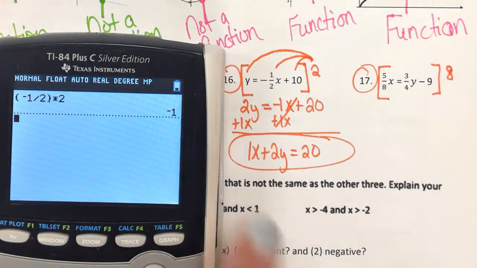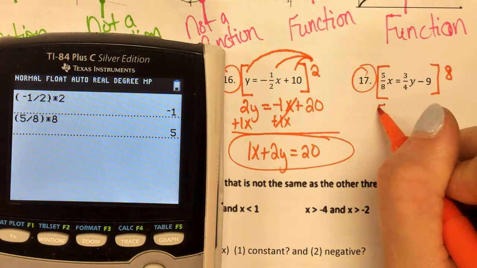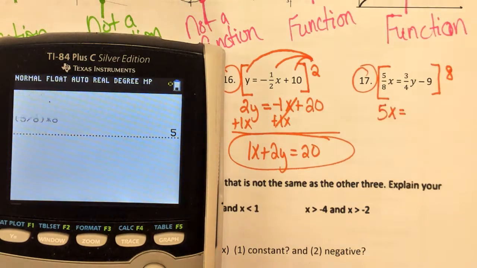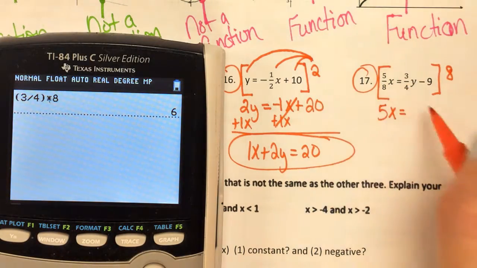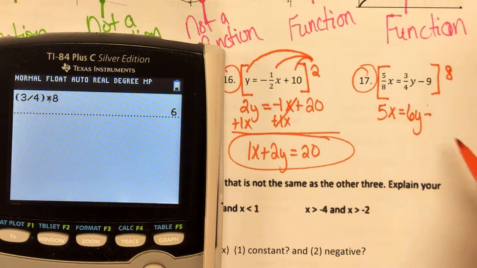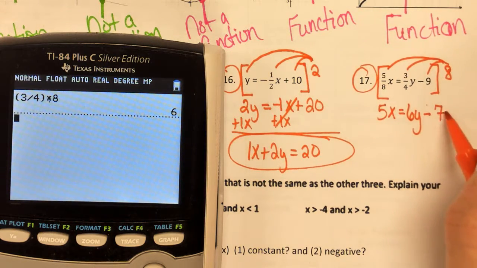All right, if you don't know how to do it, here we go. Parentheses, 5 divided by 8, times 8. What do you get? 5x. All right, same thing. Parentheses, 3 divided by 4, close parentheses, times 8. So you get 6y, right? And then what's 9 times 8? Negative 72.